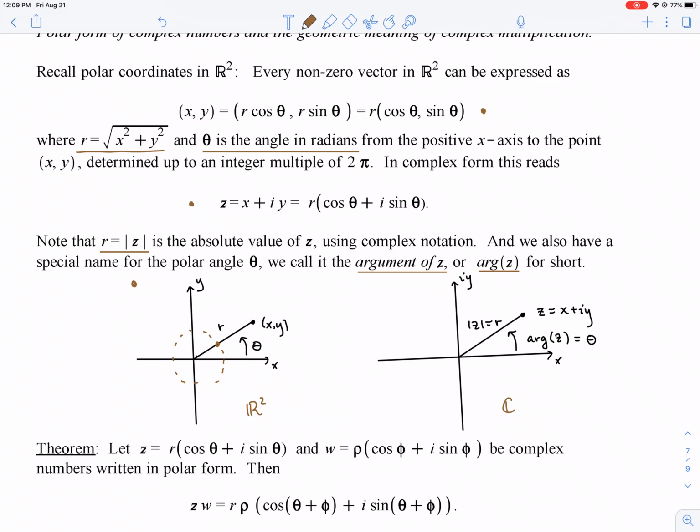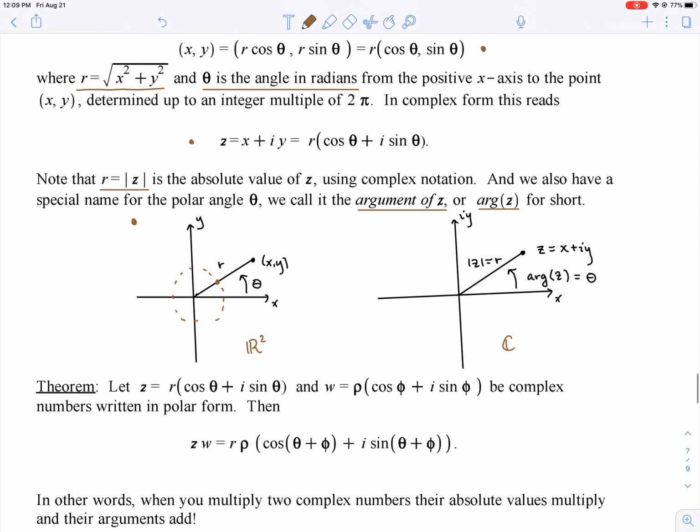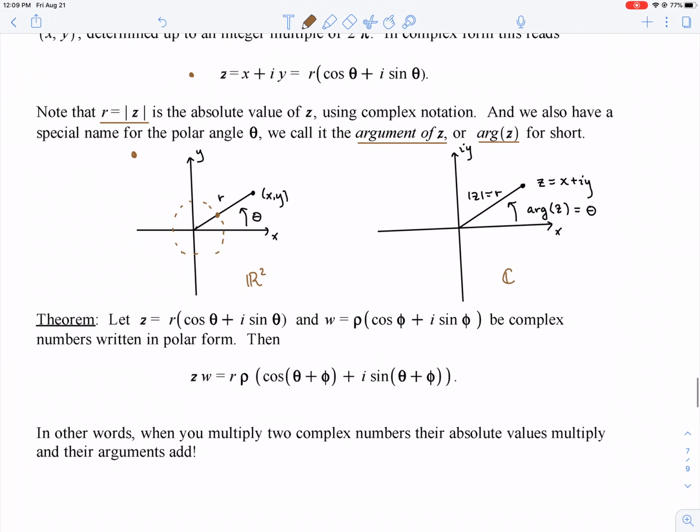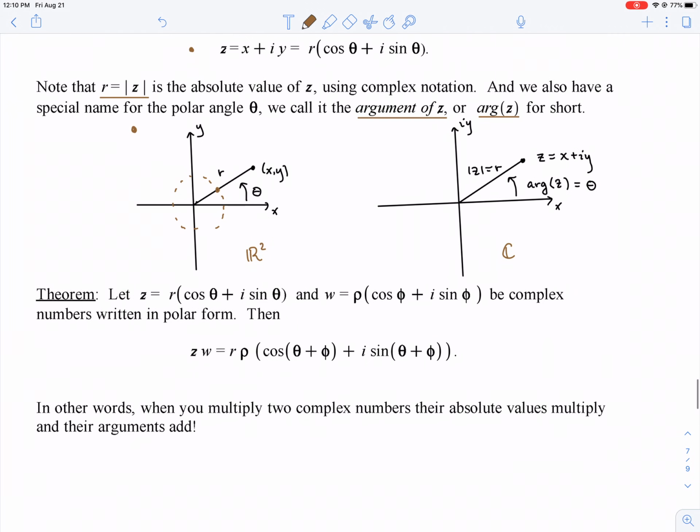And as always, it is uniquely determined up to an arbitrary integer multiple of 2 pi. Very often, we'll just have theta go from minus pi to pi, but sometimes from 0 to 2 pi, or sometimes we'll make different choices for what arguments we want to use.